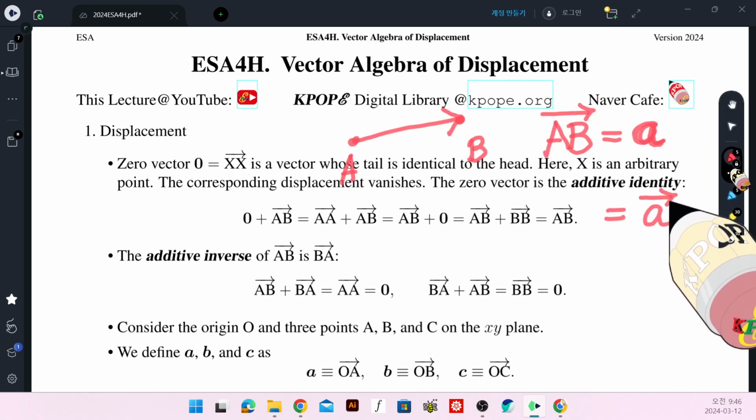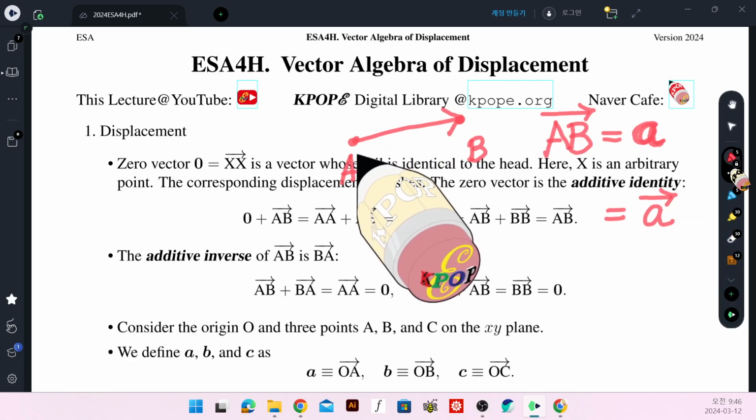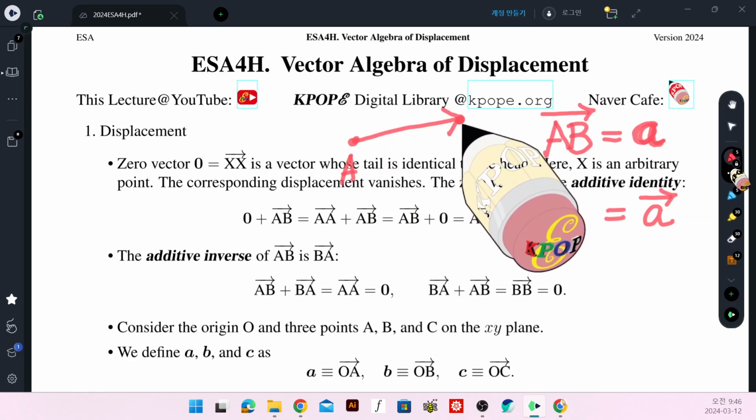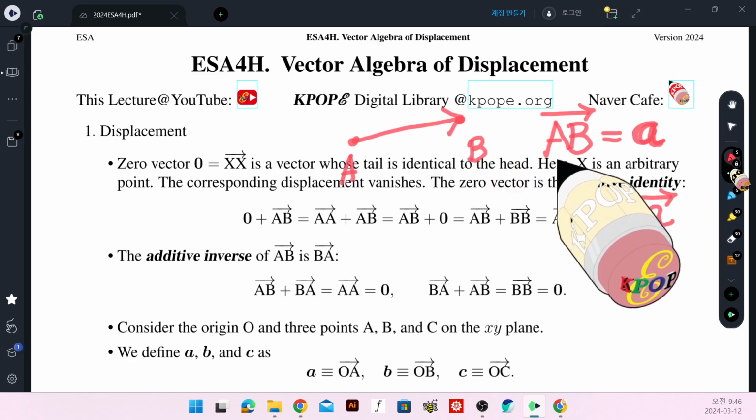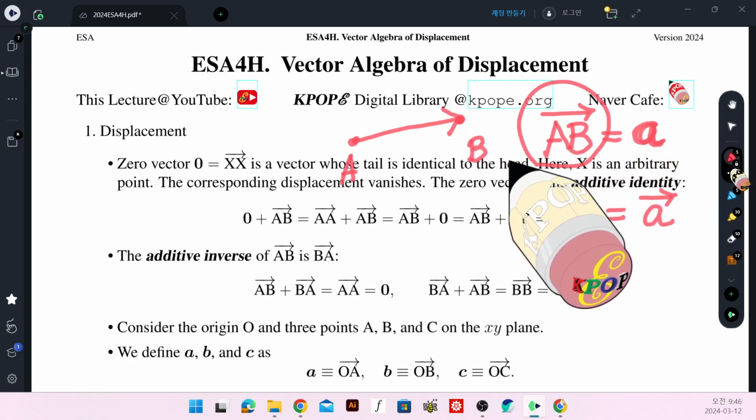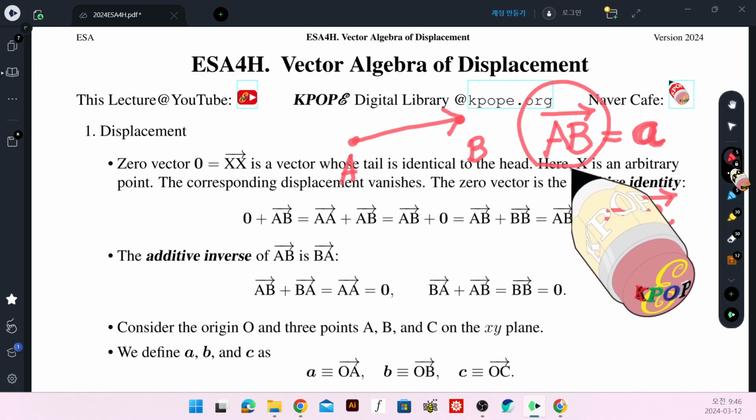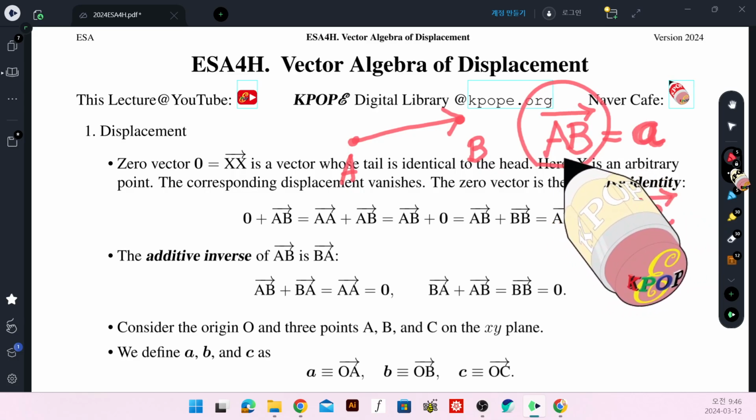In any case, you should specify what the starting point and end point are. If I employ this notation, it is explicit.